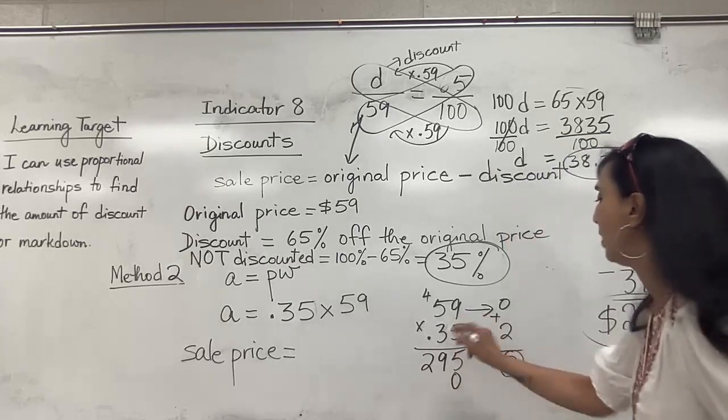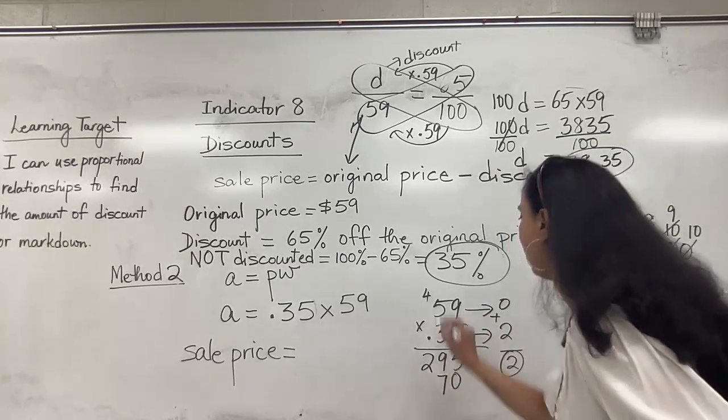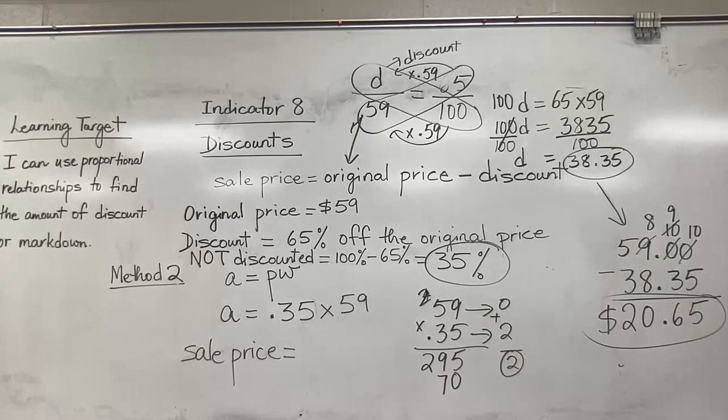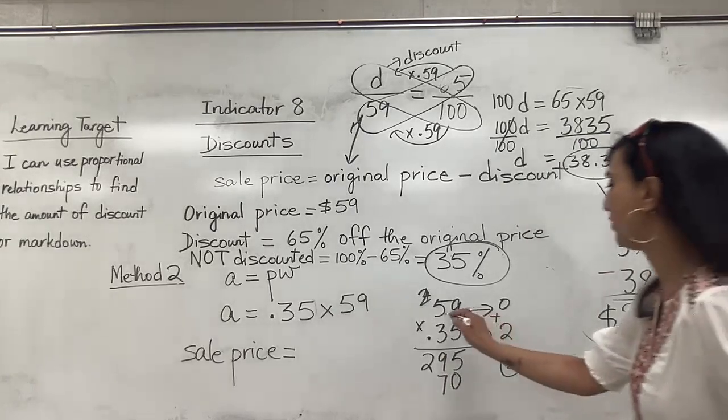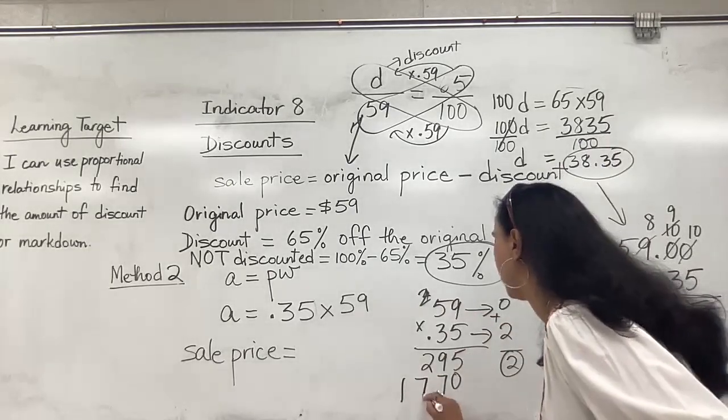Annex is 0. 9 times 3 is 27, carry over 2. Okay. And then I have 3 times 5 is 15 plus 2, which gives me 17.